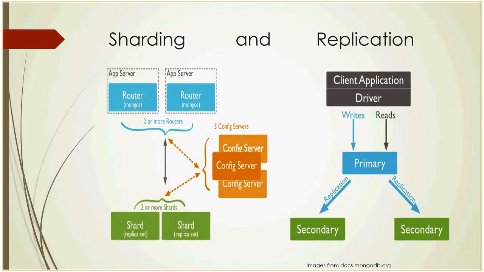So let's go ahead and talk a little bit more about sharding and replication. As we talked about the concept of sharding, again, it's an architecture that distributes data split out across multiple servers. So it has three important components: the shards that store the data, it could be 2 or more or however many. And then it has the application query routers.